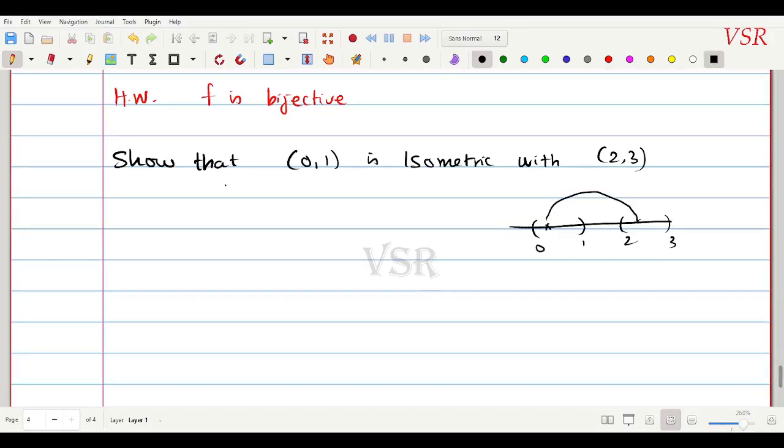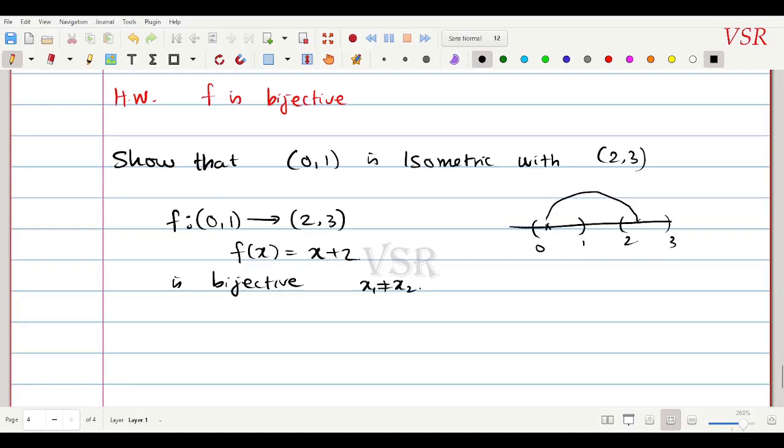What can we do? Define f as a function from the open interval (0,1) to (2,3) by f of x equal to x plus 2. Whichever element you take, add 2 and it comes here. Add 2 to 1 and it goes to 3, but there is no 1 here. So this is bijective. Why? Suppose x1 is not equal to x2.